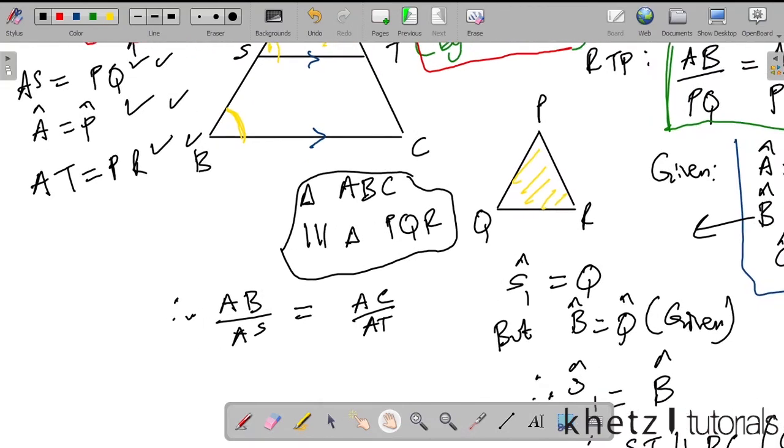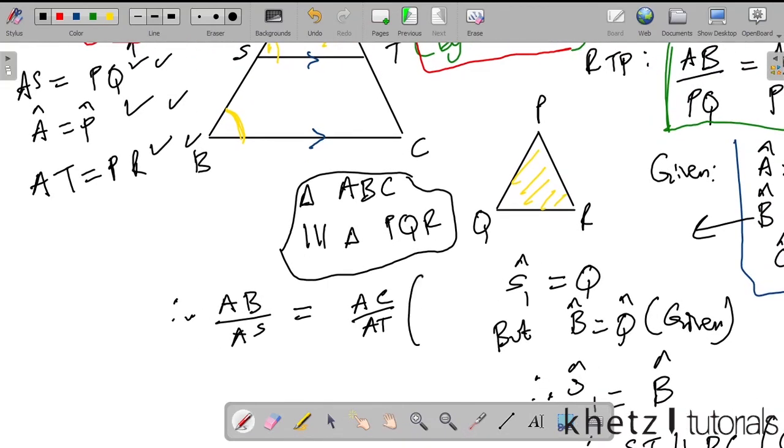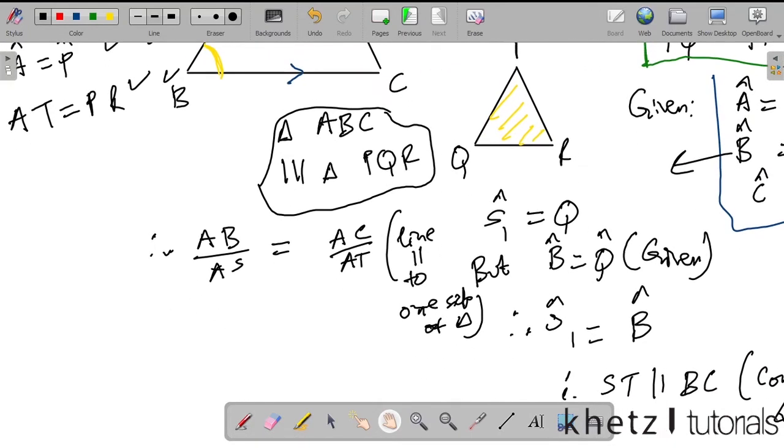And the reason for that conclusion is line parallel to one side of triangle. So this is theorem 1, which says a line parallel to one side of a triangle divides the other two sides proportionally.